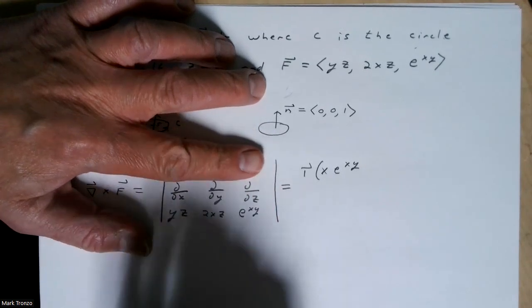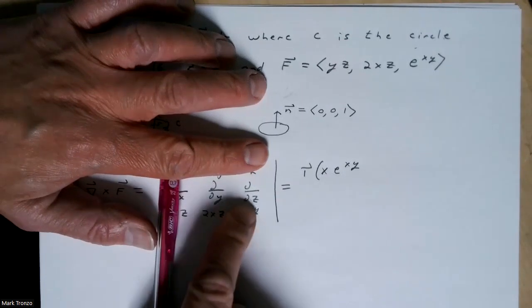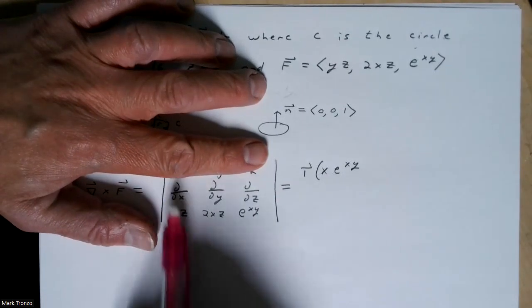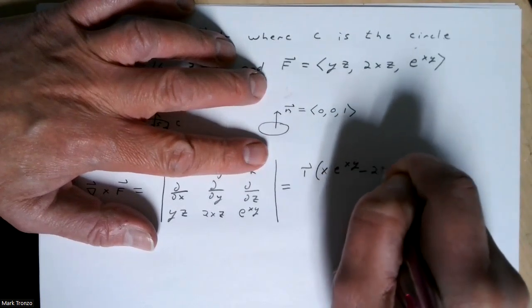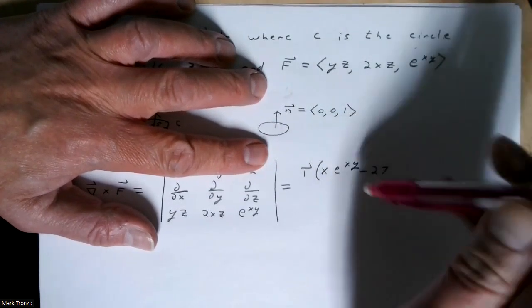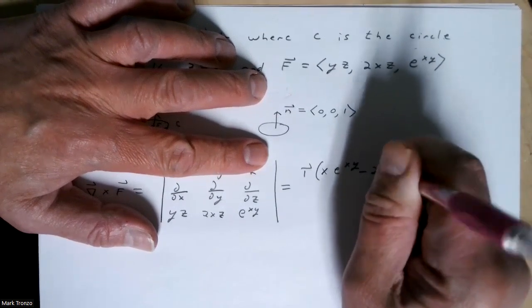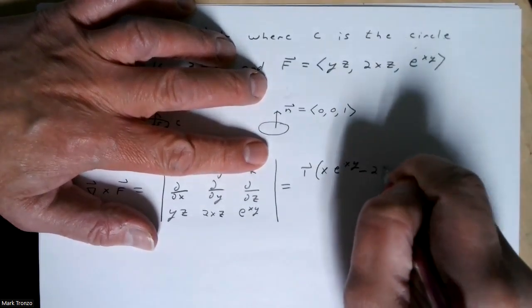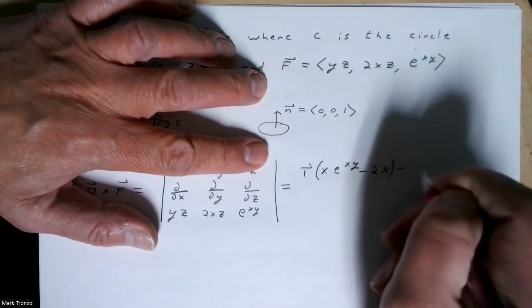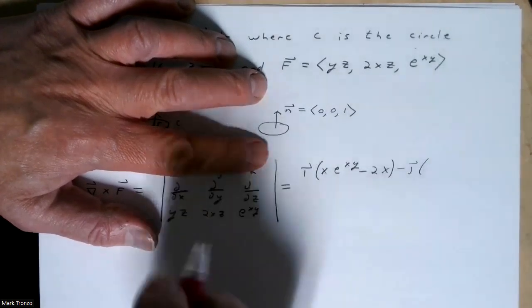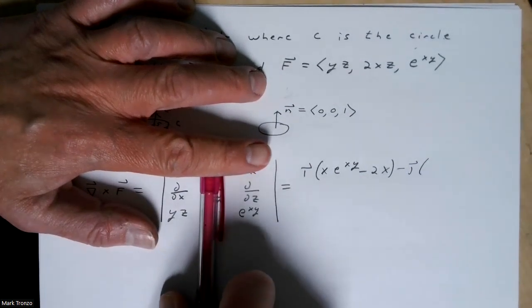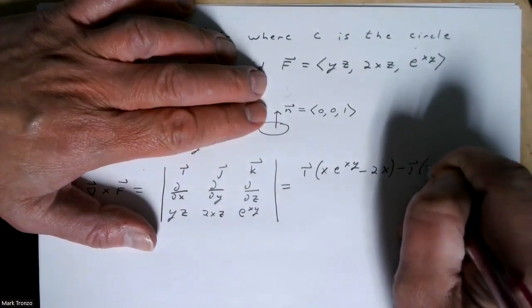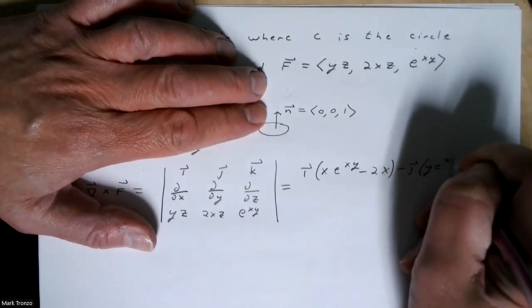Then derivative this with respect to z, which is going to be minus 2xz, excuse me, 2x. Then minus j, derivative this with respect to y, excuse me, with respect to x, which is y e to the xy.